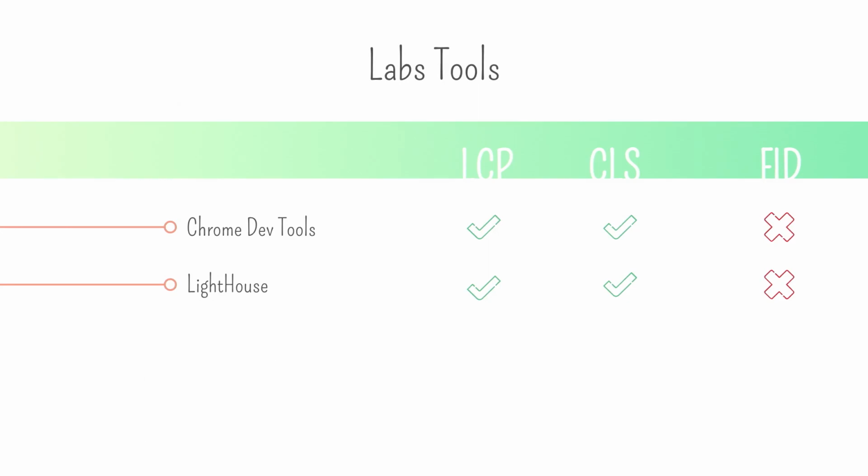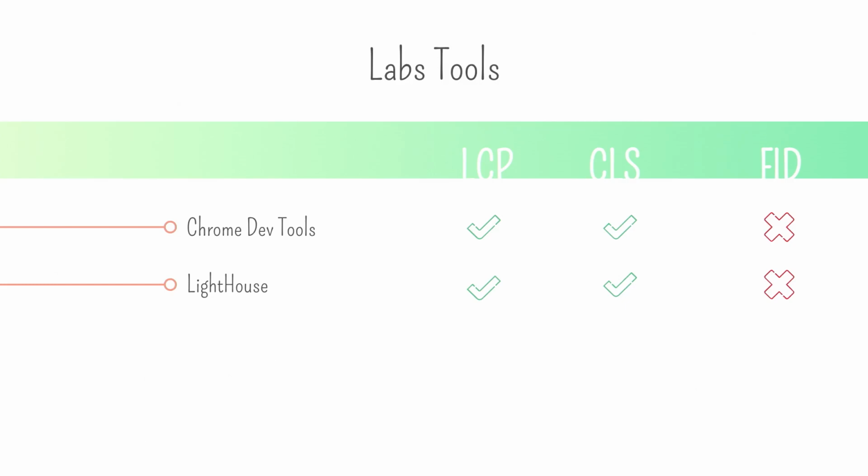And the lab tools are the Chrome DevTools and also Lighthouse. But all the lab tools can just measure the LCP and the CLS, but not the FID. And do you know why they can't measure the FID? An idea? Because it needs the interaction of the people. Yes! That's why we use some automated tools to reproduce it, like Selenium or others.